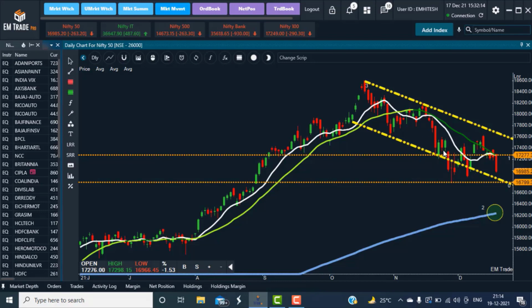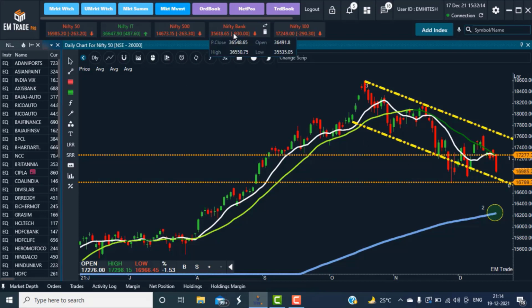So it clearly says that sellers are in control. So we'll maintain a negative bias on Nifty with a reversal point or a pullback point: till 17,300 is not breached on the upside, be prepared for either 16,800, which is the last low, or even 16,200, which is the 200-day moving average.